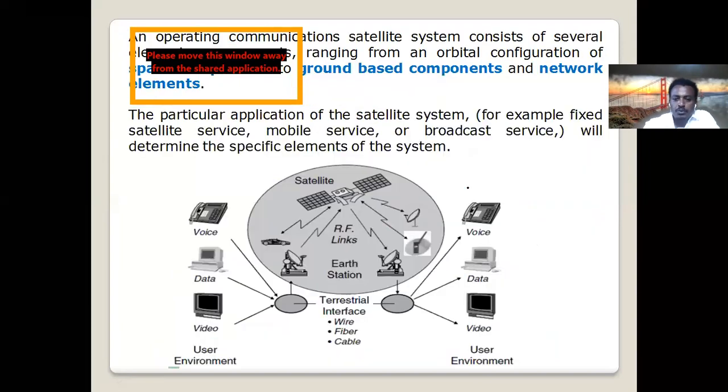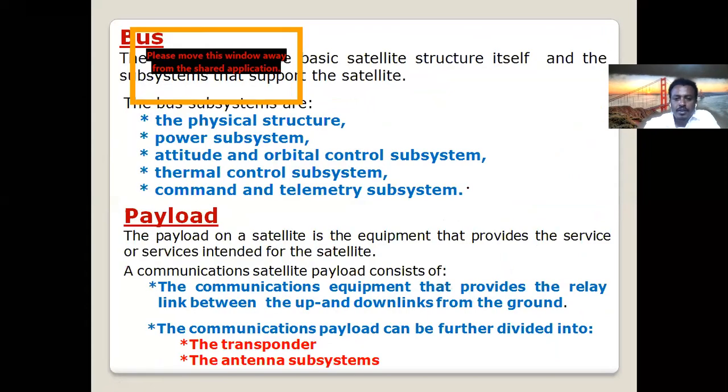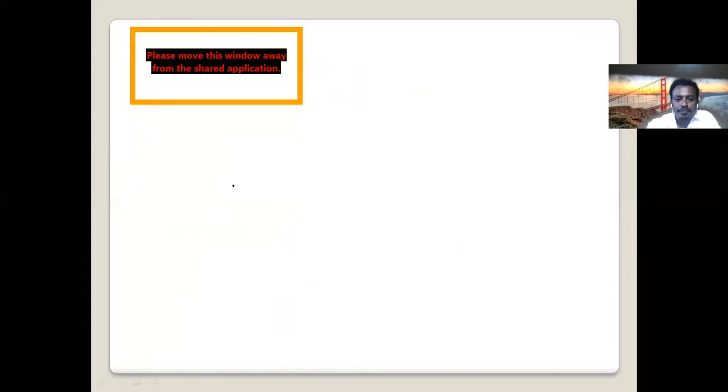So how does it work? We receive the uplink frequency from the ground. Then we have one low noise amplifier.